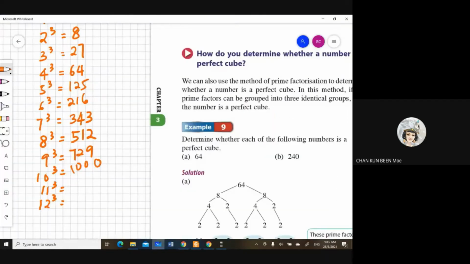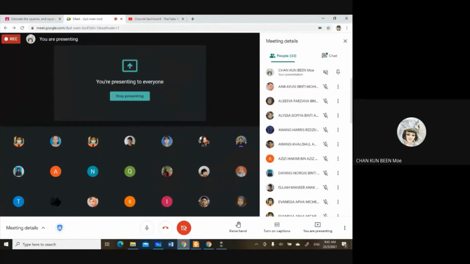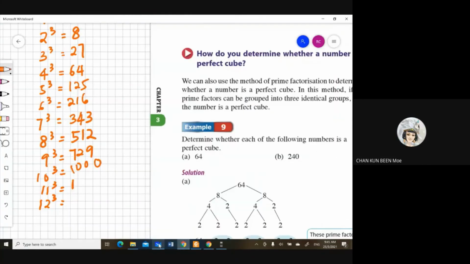Okay, Elijah, what is the value for 11 cube? Can or not, Elijah? Still calculating. Oh, still calculating. Okay. Can you get it? 1,251. Okay, thank you.